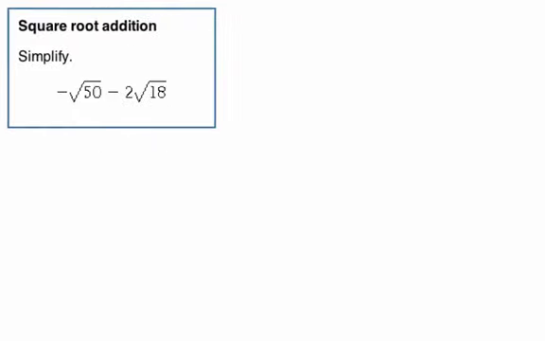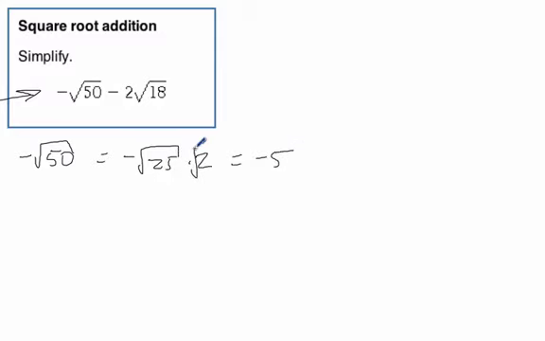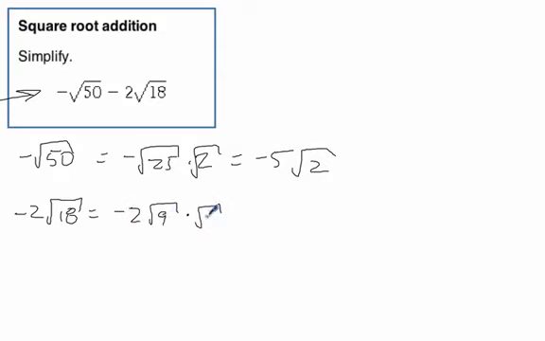Okay, one last example. Here we go. Negative square root of 50 we can rewrite as the negative square root of 25 times 2, which is negative 5 times radical 2. Negative 2 radical 18, that's the same thing as negative 2 times radical 9 times radical 2, which is negative 6 radical 2.